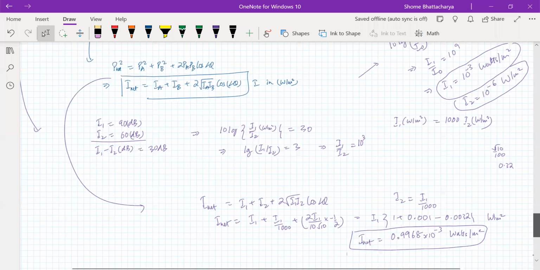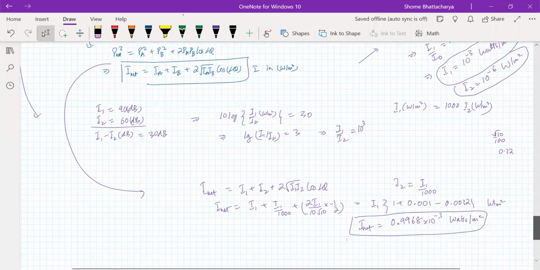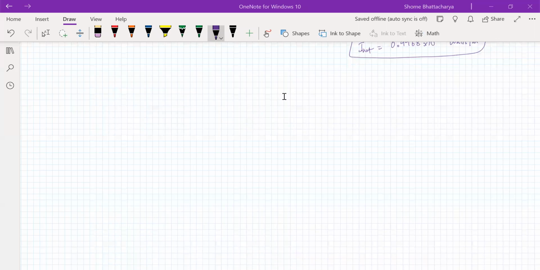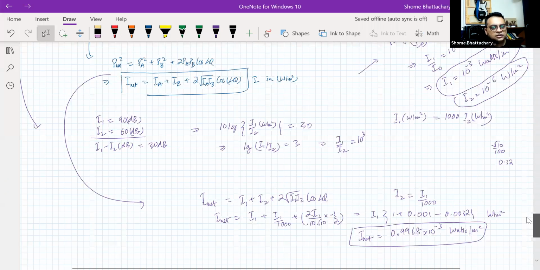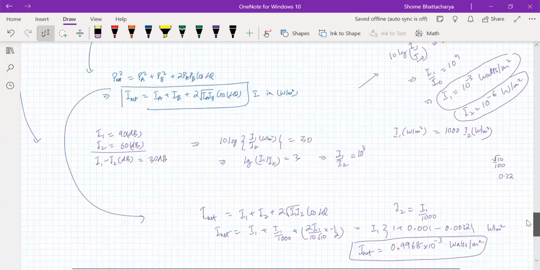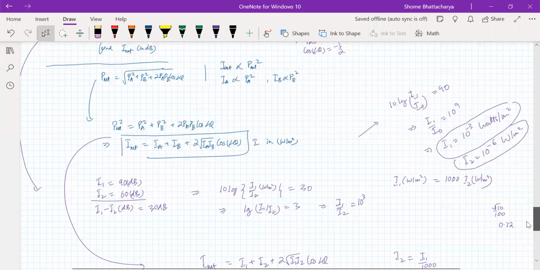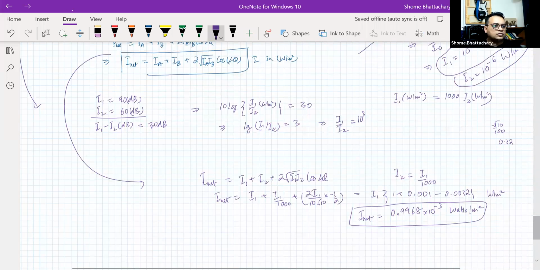Sir, so what is the third term here? 0.031. Root 10 is 3.something. Not 0.3, oh, my mistake. Root 10 is not 0.3, it is 3.2. So it will be 0.032. Yes, okay, my mistake.